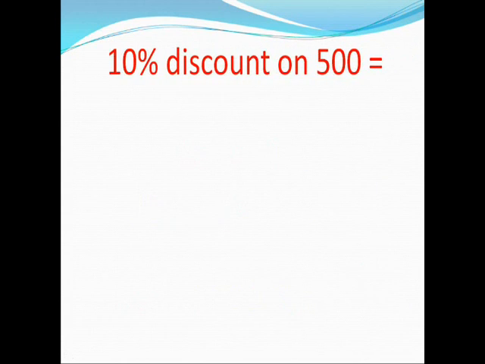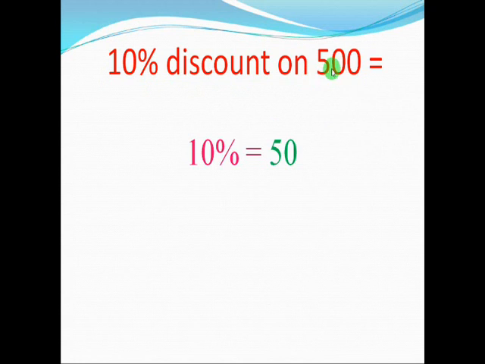Next question. After giving a 10% discount on 500, what is the value that remains? As 10% is equal to 50, and we get a 10% discount, the final value is 90%.